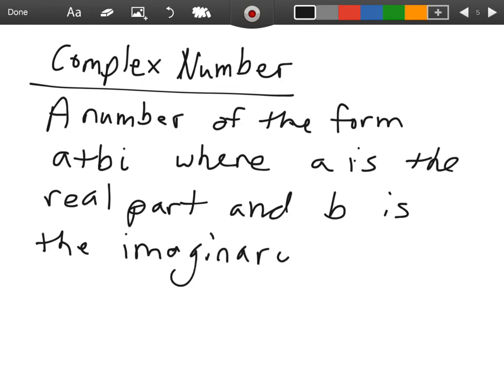So it has an imaginary part and a real part. Okay, for example, 3 plus 4i, that's a complex number. 5 minus 7i, complex number. Something that's purely imaginary is still a complex number. This confuses people because they think, oh, it's just imaginary. Well, that's true, but all imaginary numbers are also complex numbers because they have 0 as a real part.